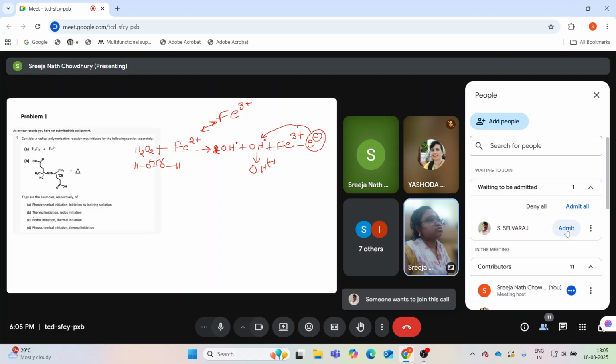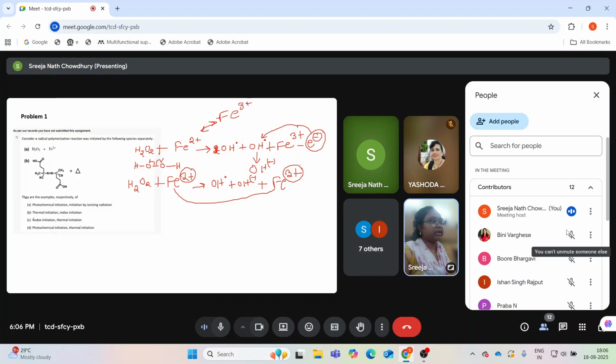When the oxidation number increases or electron loss happens, that reaction is called an oxidation reaction. And obviously if in a reaction medium one component is oxidized, then there should be another component with electron-taking capability. This is a reduction reaction. So the first one is a classical example of a redox initiation reaction.